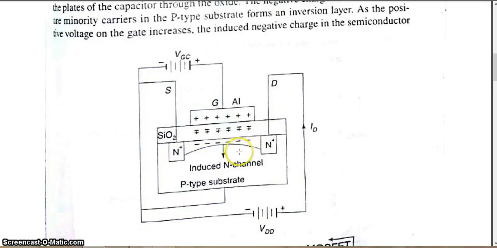Over this particular material, P substrate, silicon dioxide material is fabricated. And this silicon dioxide will be having holes on it to facilitate the flow of electrons. And over this silicon dioxide layer, a metal is fabricated. This is known as gate.